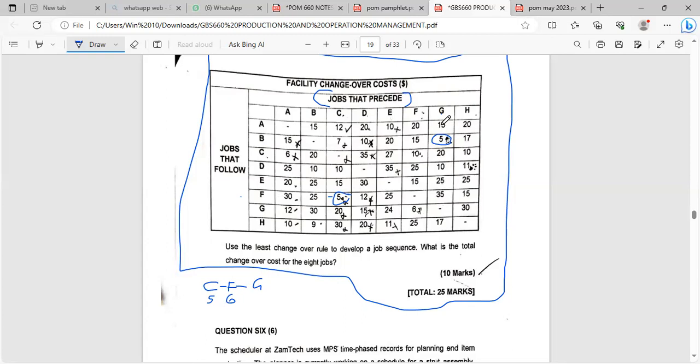It's 5 there. Now we have to use a 5. After we put a 5 here, which job can we start working on? Job B. Where the 5 is, the follower job is job B.